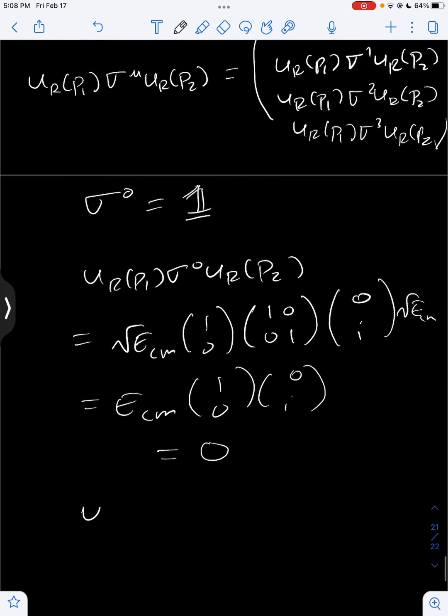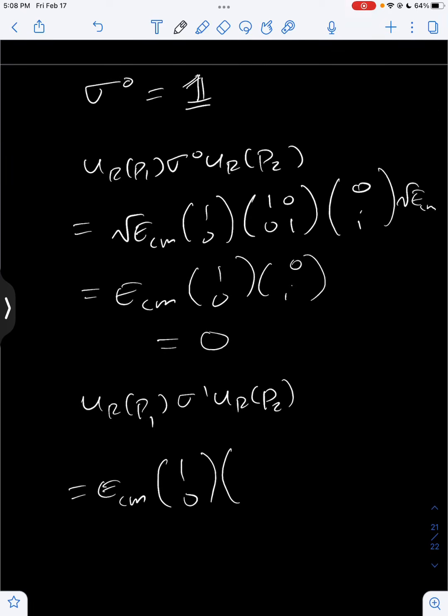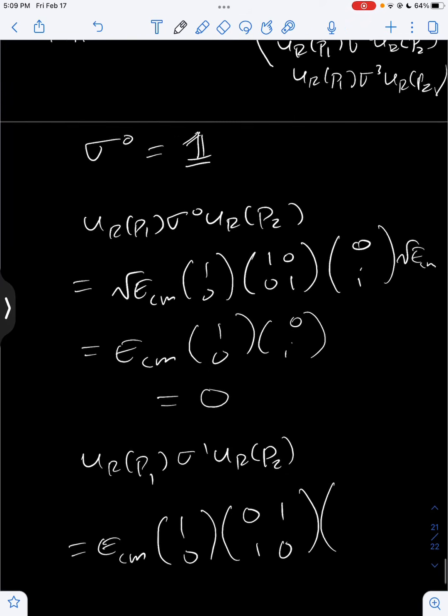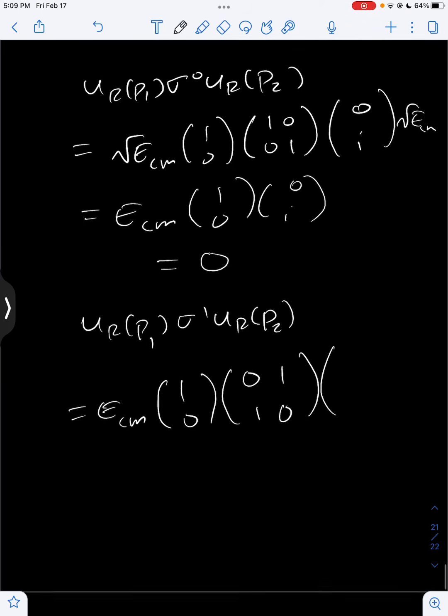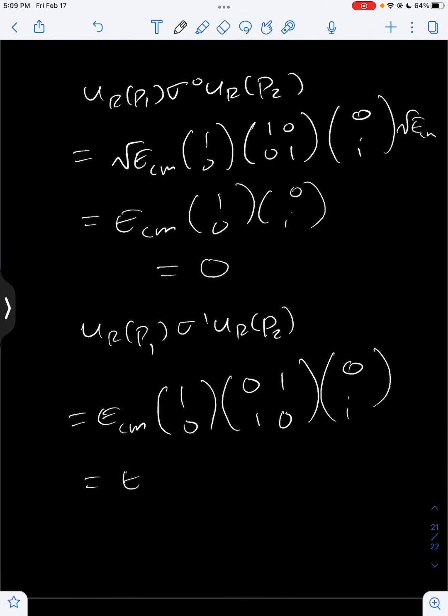That's going to be UR of P1 sigma 1 UR of P2. And then sigma 1 is going to be, I think it's 0, 1, 1, 0. And then URP2, again, that's just going to be 0, I. So this is going to give us ECM 1, 0.